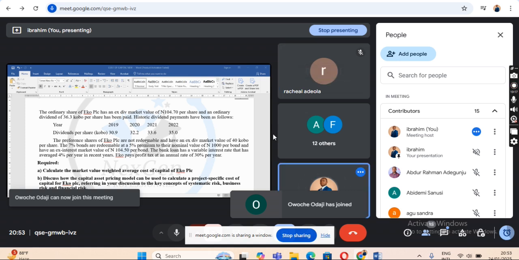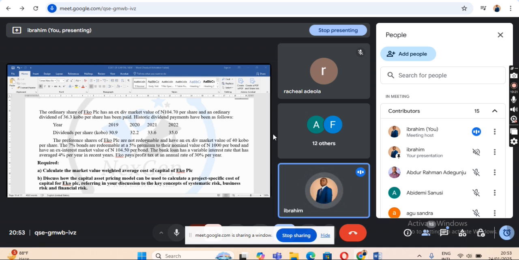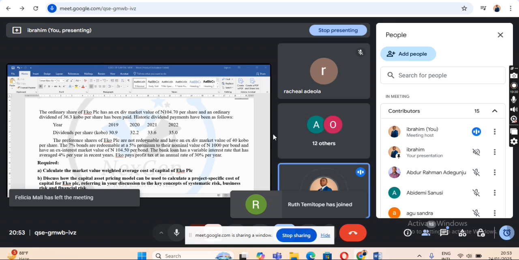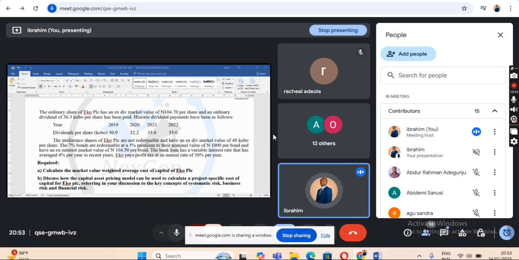Well done. So the ordinary share of Eco PLC has an SDIV market value of 104 naira 70 kobo per share. What it means is that the dividend has been paid because it is SDIV, as given in the question.